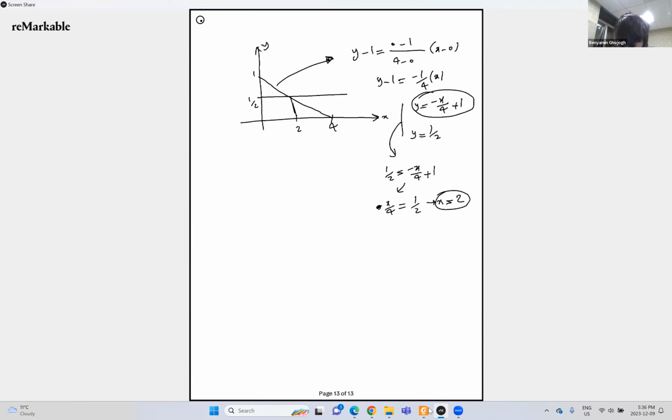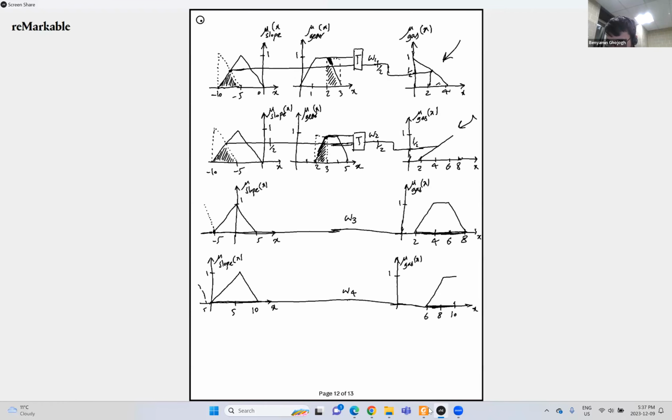Basically its inverse is 2. As a result, the crisp output of rule 1 in Tsukamoto becomes 2 for this case, right? Then we do this for the other one, and the other one.